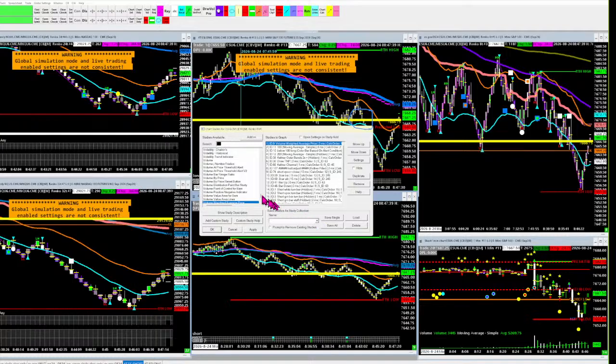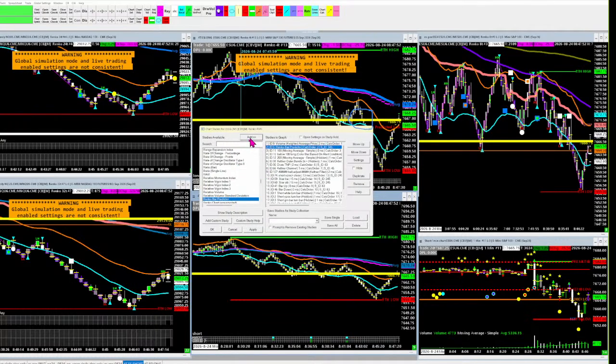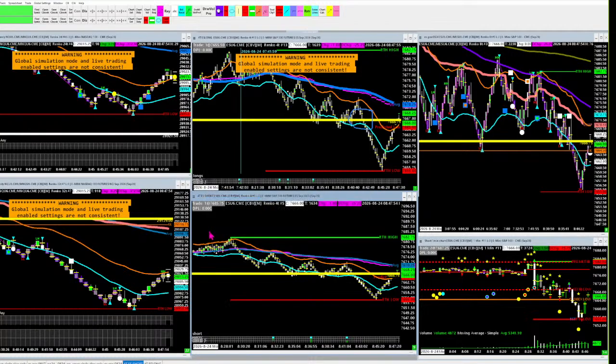You just come over here and go to R and add it. It's RENKO if you need it. And now you know where it opens and closes.